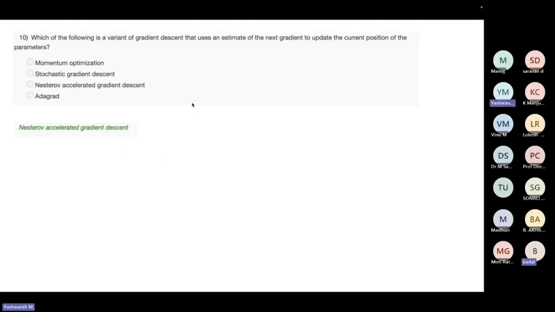So which of the following is a variant of gradient descent that uses an estimate of the next gradient to update the current position of the parameter? Any guesses on this?